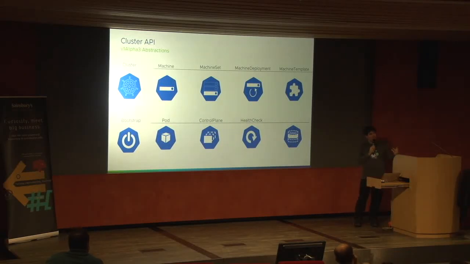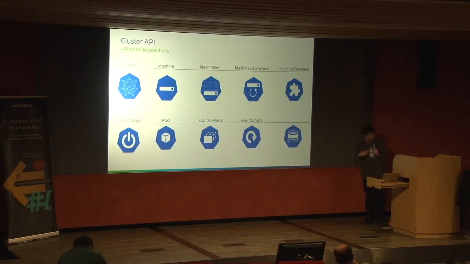Then machine deployment, which is able to swap, so you can do upgrades along the way, scale up and scale down, and refresh those machines. Machine templates, so literally just exactly what it says.